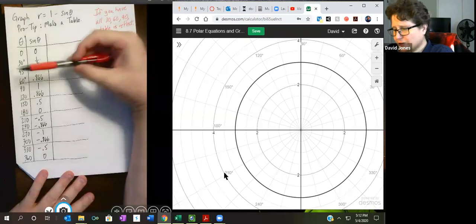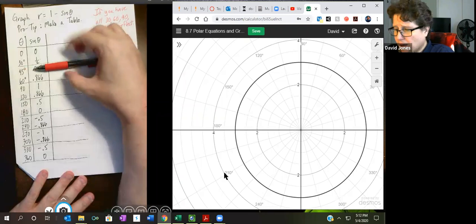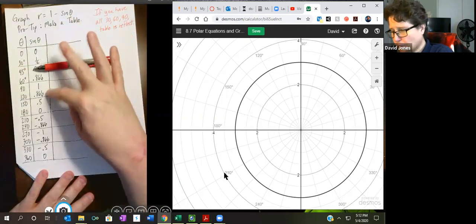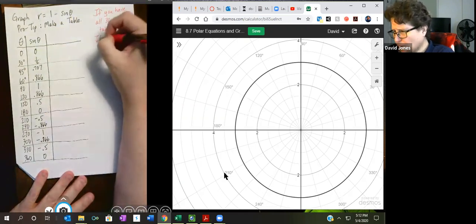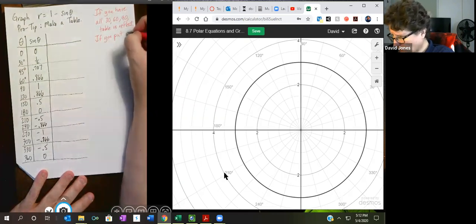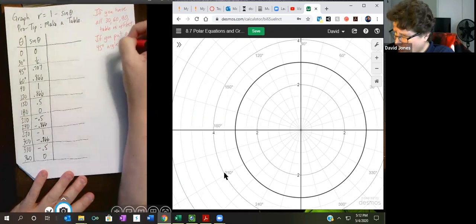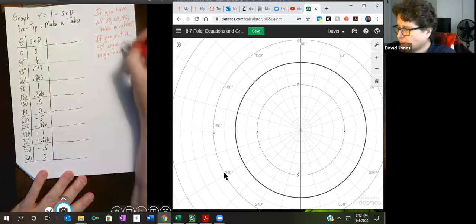This 0.707 is throwing it off. Otherwise, I had 0, 0.5, 0.86, 1, 0.86, 0.50. If you put in 45, you might want to put them all in. You might want to have all in to keep your table balanced.